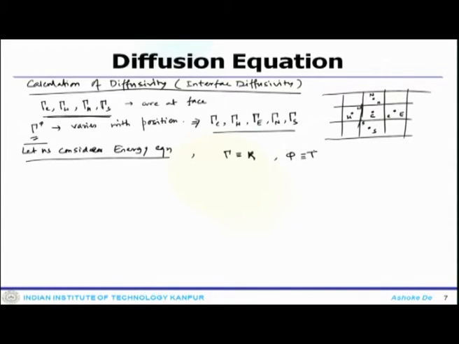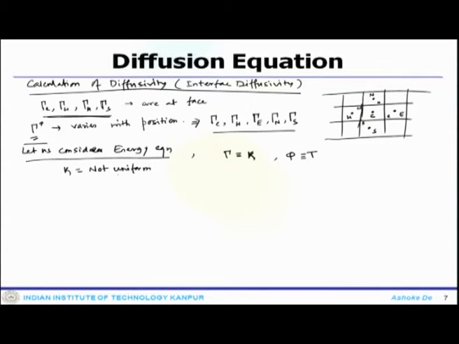If kappa is not uniform, then you have a problem.